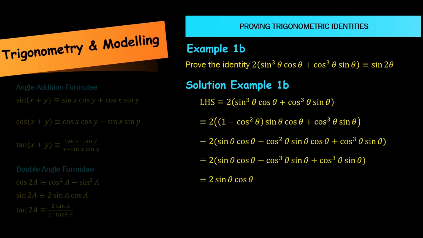And then tidying up some more, minus cos cubed theta sine theta added to cos cubed theta sine theta is of course 0. So we're simply left with 2 sine theta cos theta. Using the double angle formula for sine gives us that 2 sine theta cos theta is identical to sine 2 theta. And this is of course identical to the right-hand side of the identity we're required to prove.